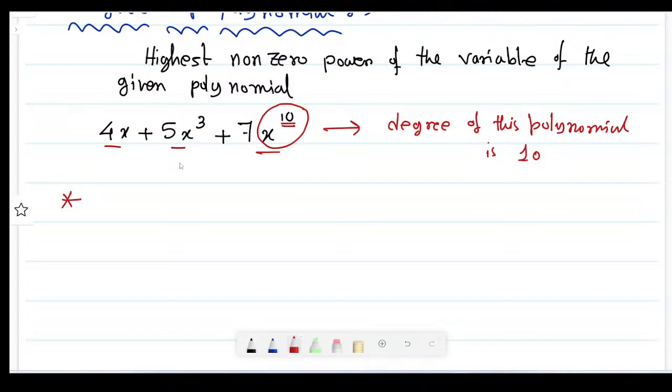Now my another question to you is, is this expression a polynomial? I will be right back after some time.